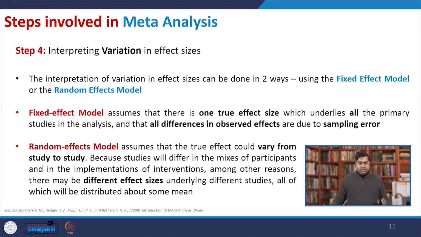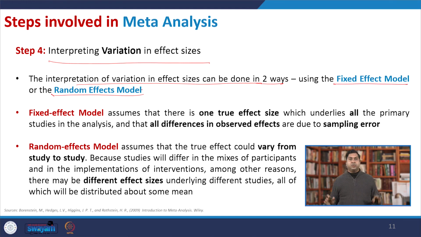Now, step number 4 is interpreting variation in the effect size. The interpretation of variation in the effect size can be done in two ways, either using the fixed effects model or the random effects model. So there are options to select. What is the fixed effects model?